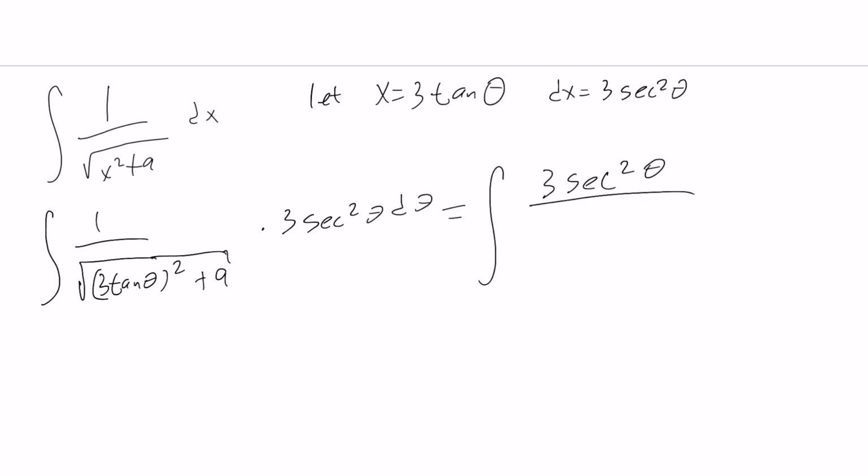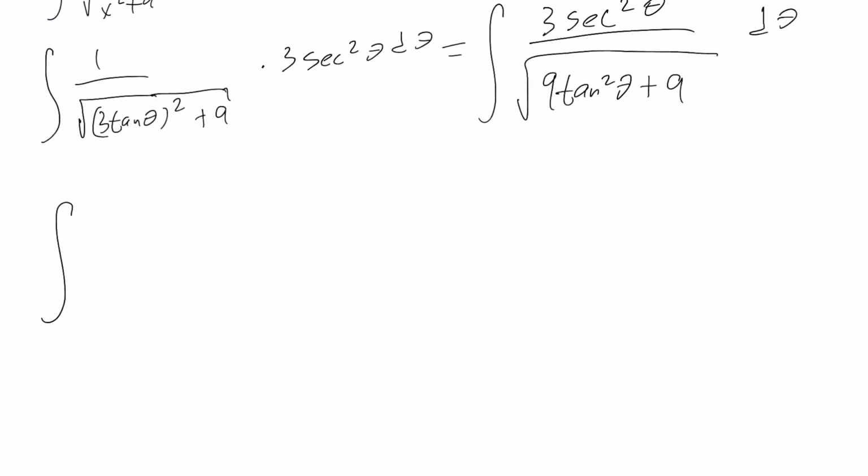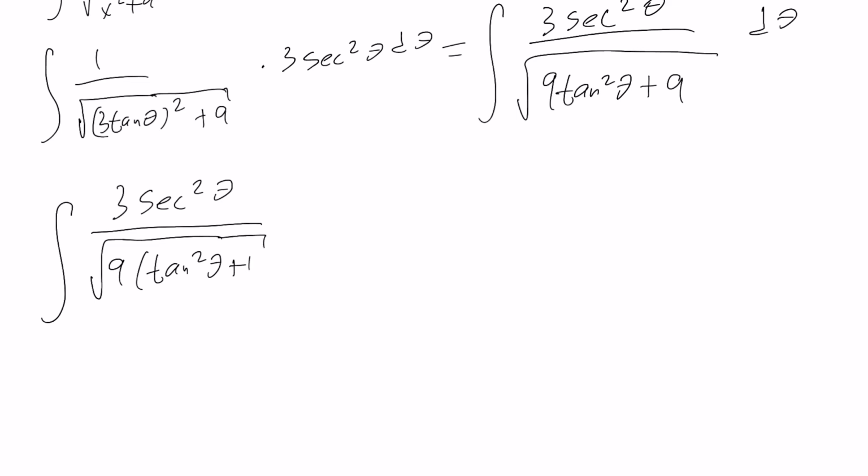So we get 3 secant squared theta on top of the square root of 9 tangent squared theta plus 9 d theta. I've got 9s in both of these, so I can factor a 9 out. I get the integral of 3 secant squared theta divided by the square root of 9 times tangent squared theta plus 1 d theta.